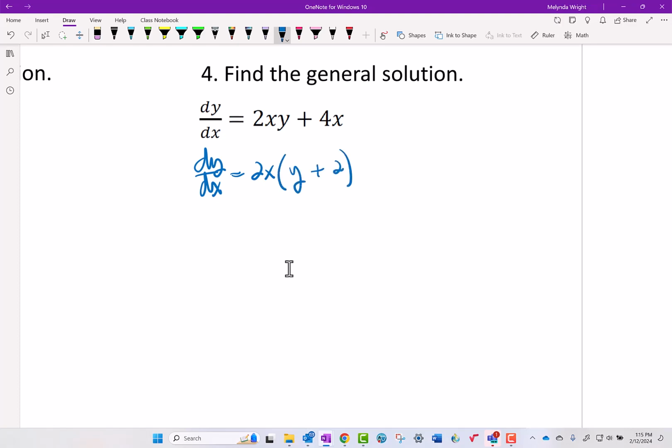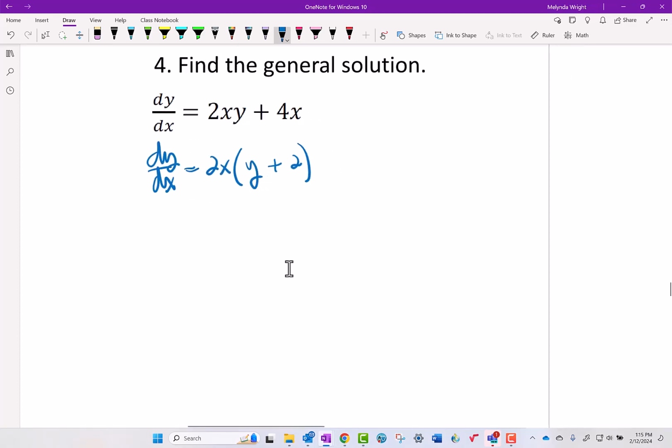So let's make sure I did this right. 2x. Yep, that looks right. Now we are able to move the x's and the y's separate from each other. So the 2x is going to stay there. So I've got dy over y plus 2 equals 2x dx.